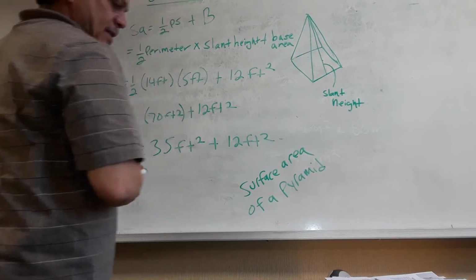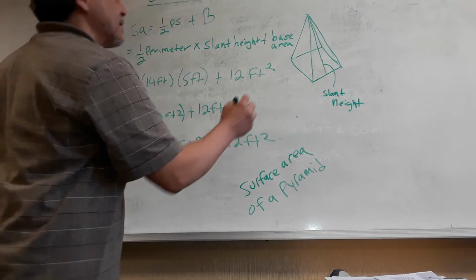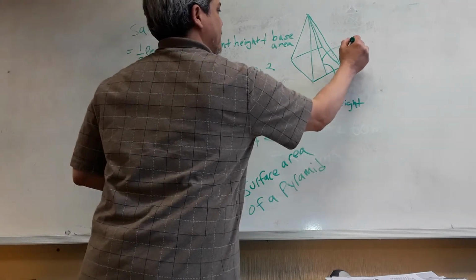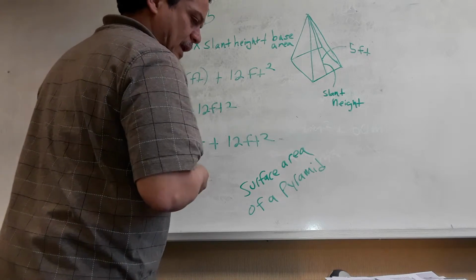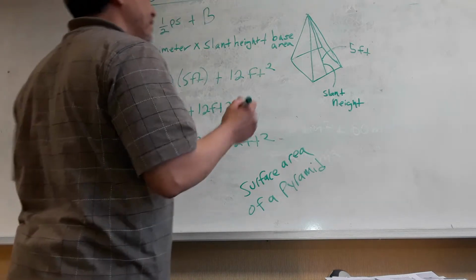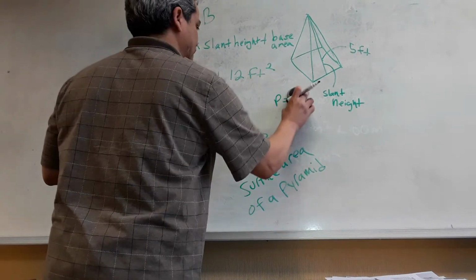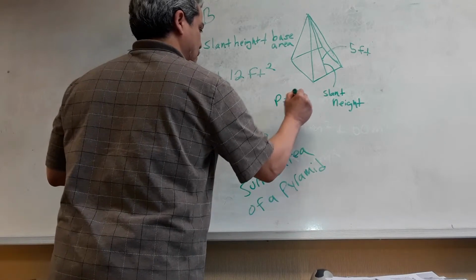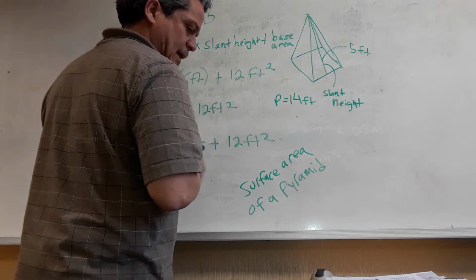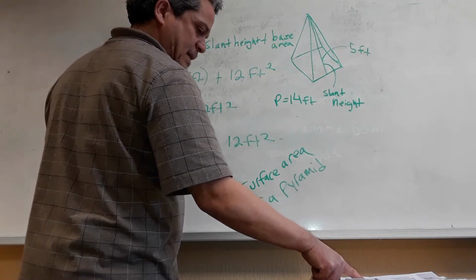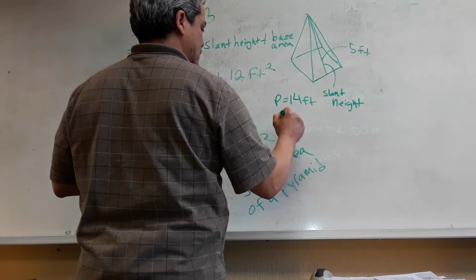So, in this example, what is the surface area of a pyramid with a slant height of 5 feet, with a perimeter of 14 feet, and a base with an area of 12 square feet?